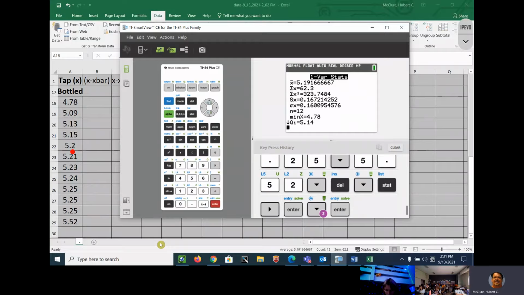Now, the only thing this gives you is X bar, which is your mean, 5.1917, and it gives you Sx, which is your standard deviation. And that's equal to 0.1672.